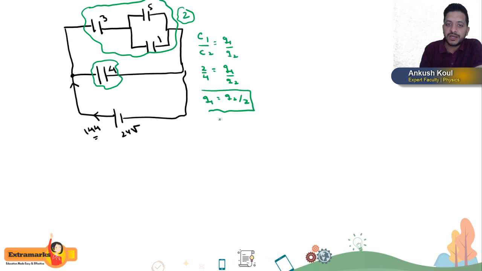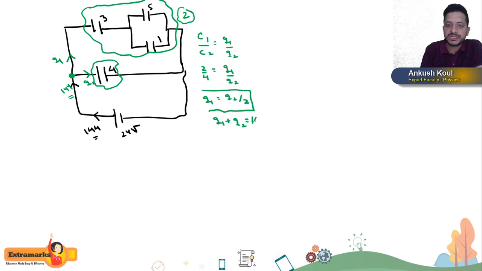And second is, I know Q1 plus Q2 is how much? What is the total charge that is entering this junction, and then some Q1 is going here and some Q2 is going here. The total charge entering this junction is how much, beta? 144.